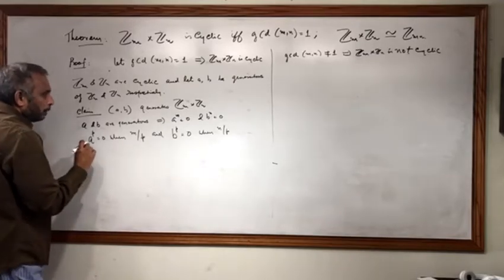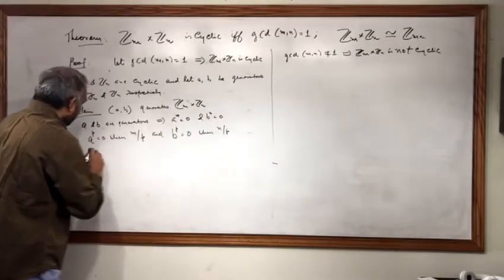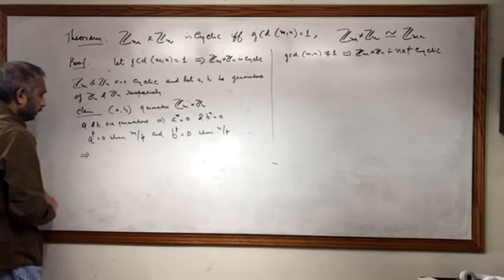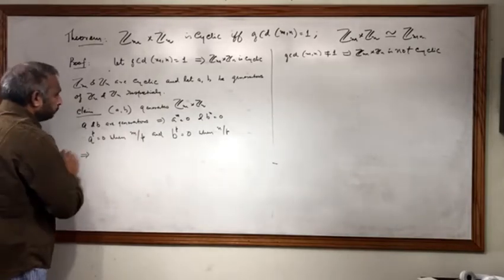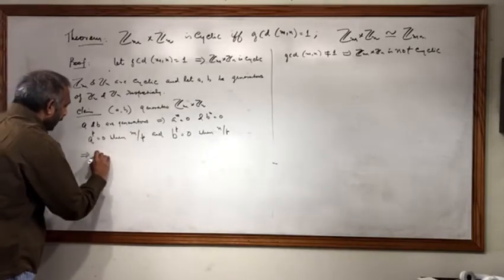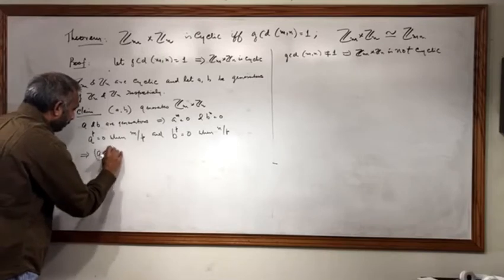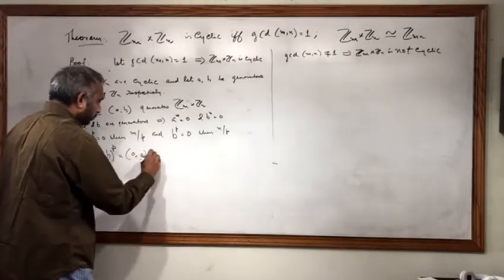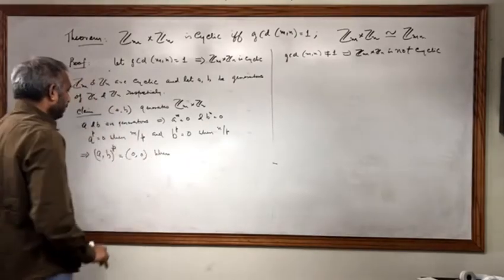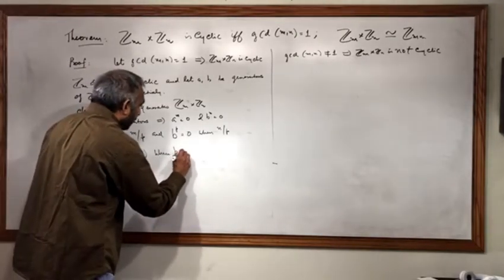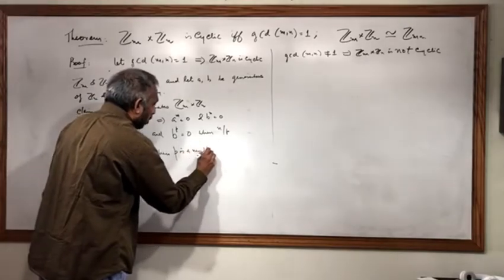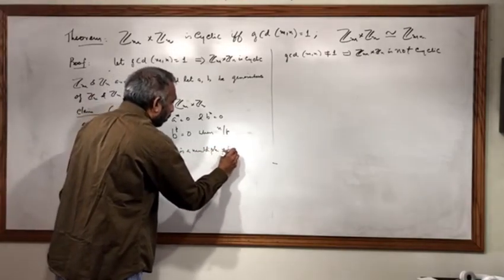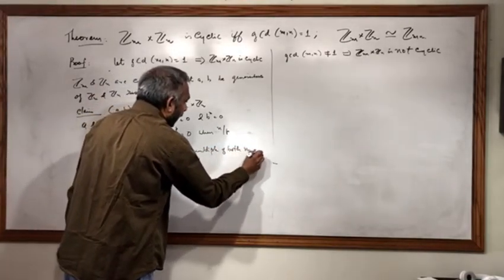So this implies (a, b) to the power of p is equal to (0, 0) when p is a multiple of both m and n.